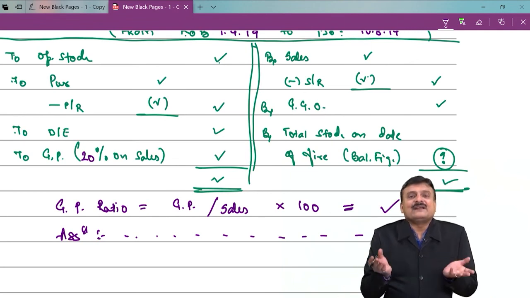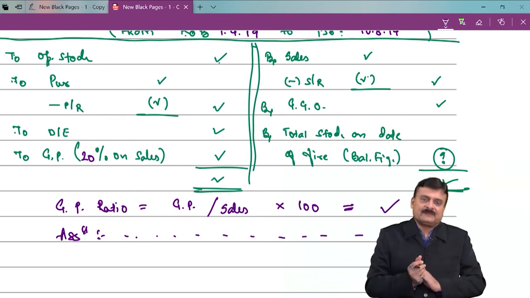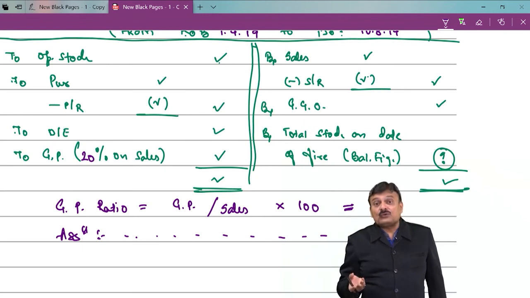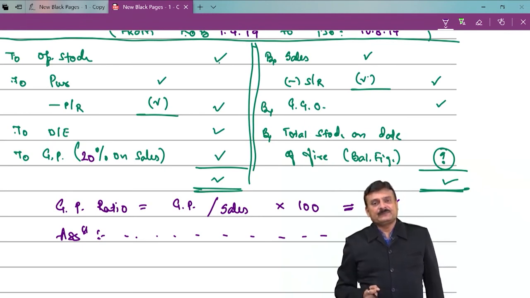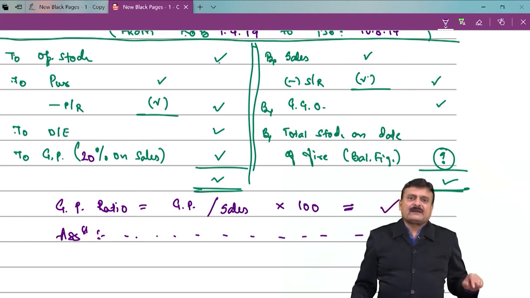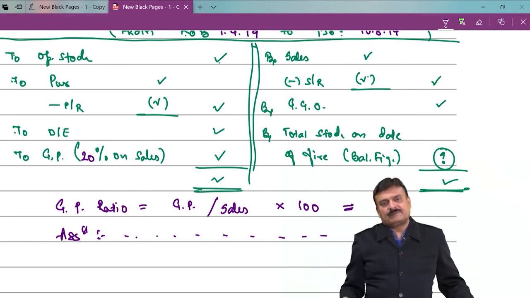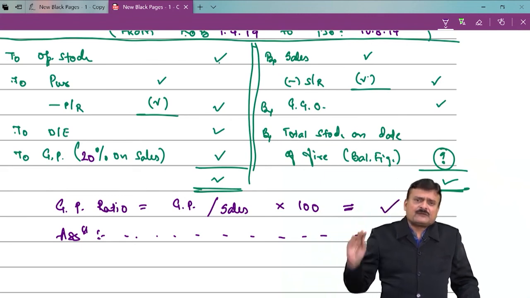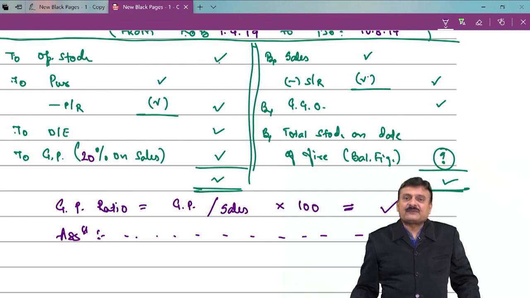Going ahead. Suppose the question is silent about GP and sales of last year. Then what to do? I have to go one step ahead. I will prepare last year's trading account. From that I will find out last year's gross profit and then apply this GP ratio.